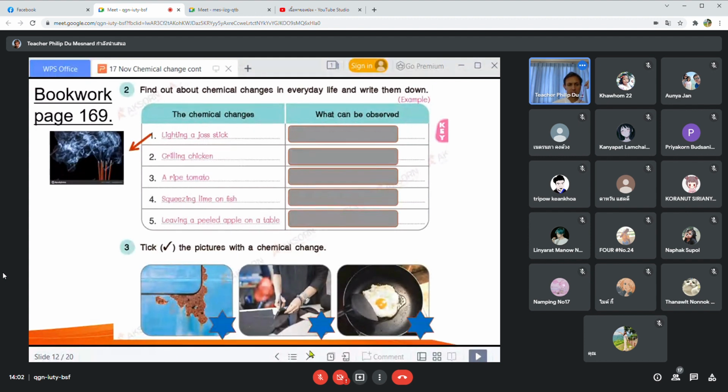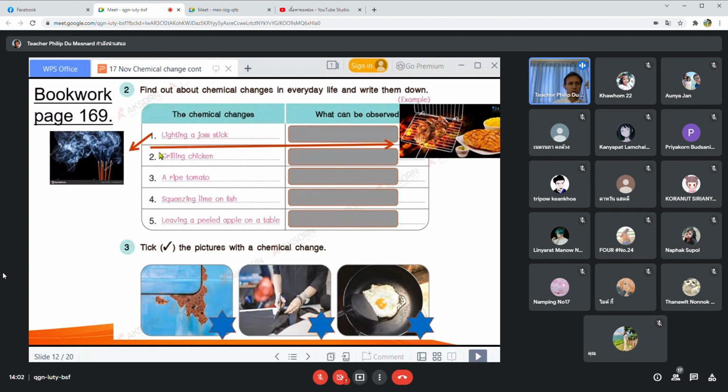It's incense. Okay, grilling chicken, that's easy. When you put the chicken on the fire, we say grill. It's a way to cook the chicken. Ripe tomato, that's easy. The ripe one is the red one, and the others are green. So when the tomato is red, it is ripe. Squeezing lime on fish, that's also pretty easy.